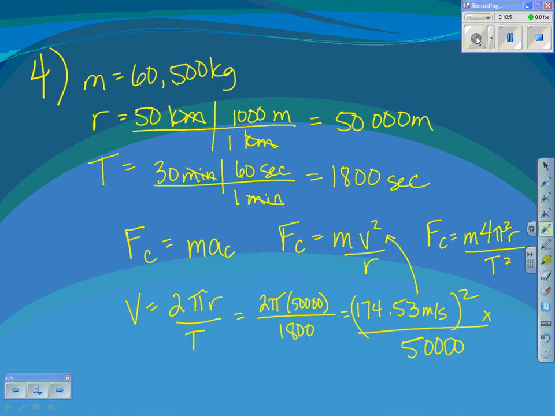And then I can go ahead and multiply by the mass of 60,500. And when I do all of that math, I can go ahead and find out that the centripetal force is 36,857.47 newtons. And that would be my answer. So I like to find the v first, then I go ahead and square it and plug it in as I go along. So I do some short steps or some shortcuts, but not completely.